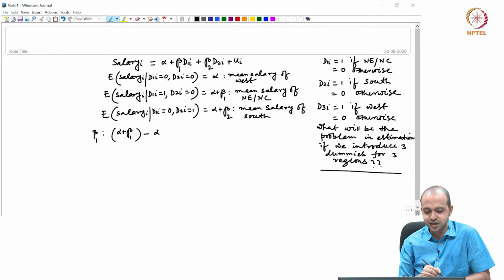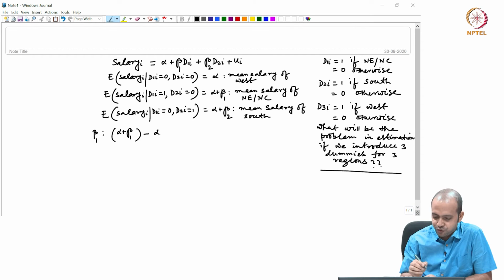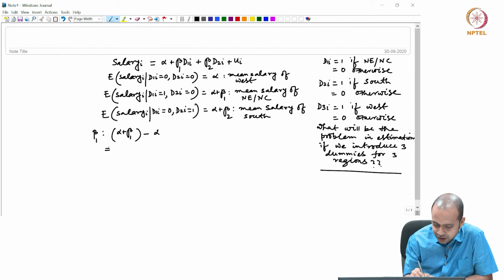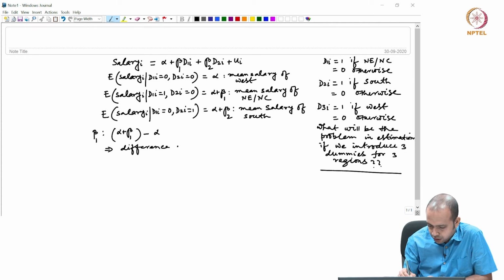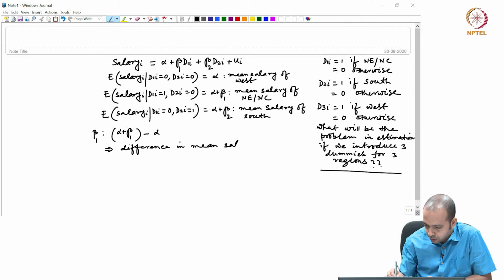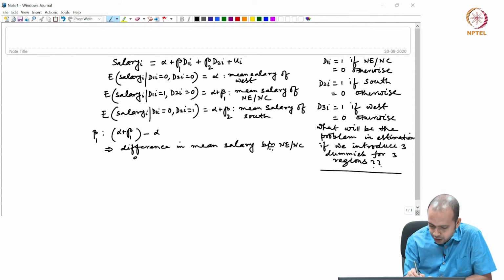Okay. This is how we have to interpret. So, beta 1 basically indicates the difference in mean salary between northeast or north central and the western region.